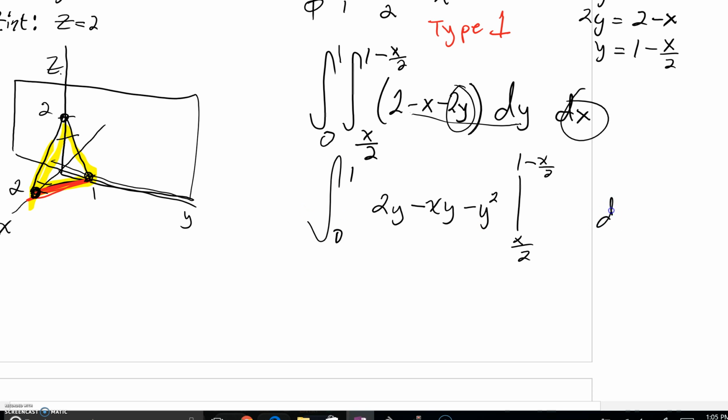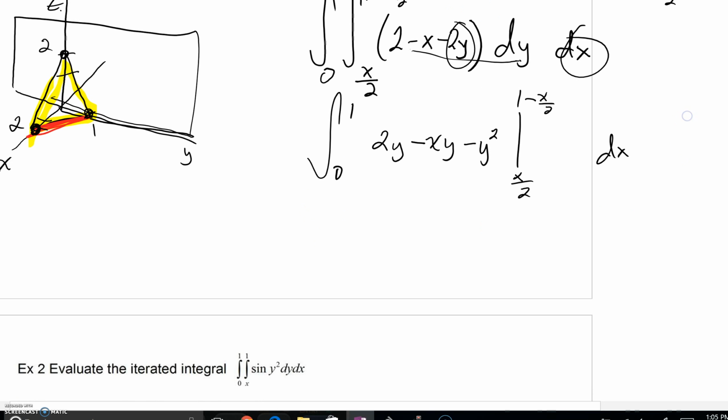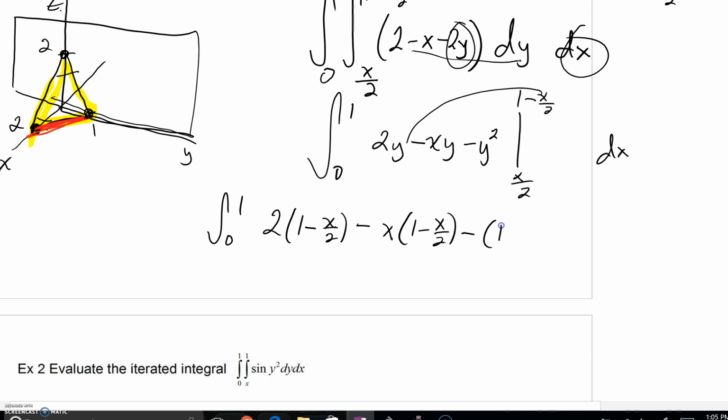This is the mechanical part of it. Granted, when I say it's the mechanical part, it's also the ugly part. Let's be honest. You plug in your boundaries, you get 2 times 1 minus x all over 2, minus x times 1 minus x all over 2, minus, well, then we get 1 minus x over 2 squared. And the rest of this whole process, guys, you're just going to be able to finish that up.